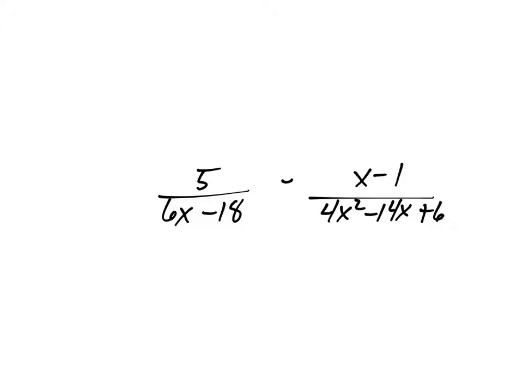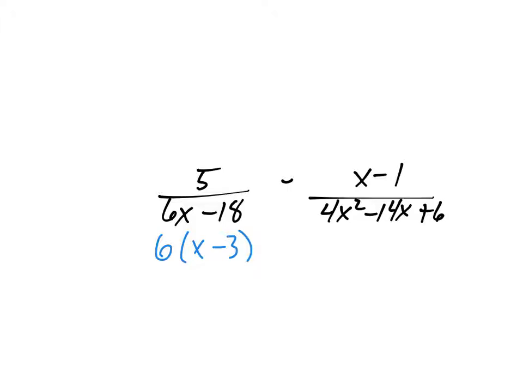Before I can figure out what's missing from each side, I have to have all my factors. So, can I do anything with 6x minus 18? Will that factor? What does it factor into? 6 times the quantity x minus 3. You are correct.